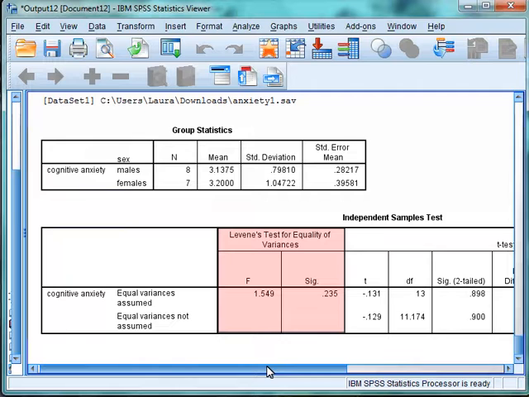So that meets our assumption that the variances of the 2 groups are approximately equal. Because of this, we then look at the equal variances assumed line for the main t-test interpretation. If the significance value is below 0.05, indicating that the variances are significantly different, we would look at the equal variances not assumed line.